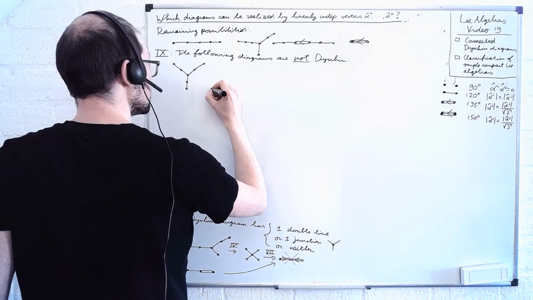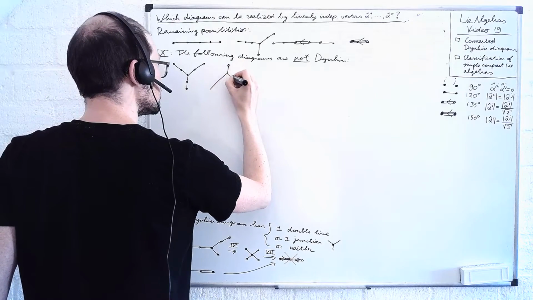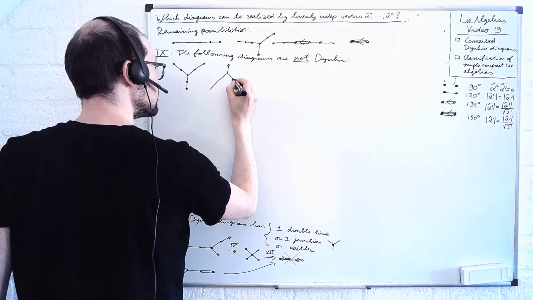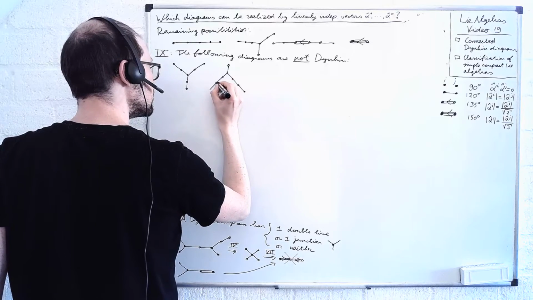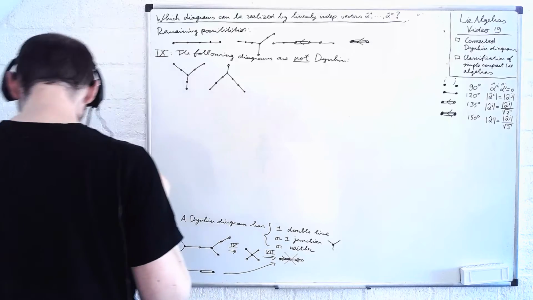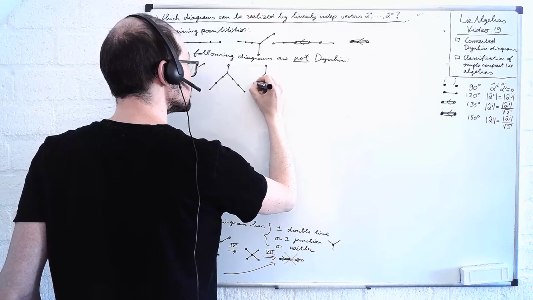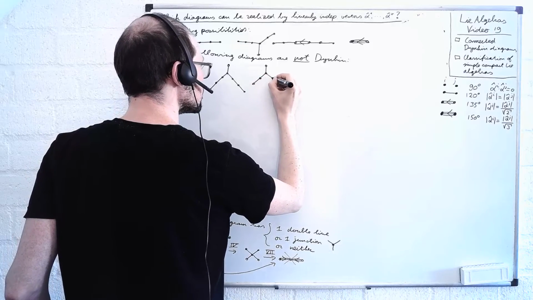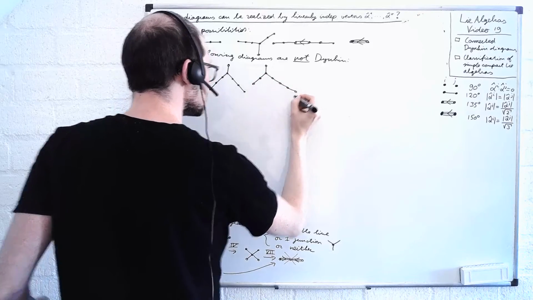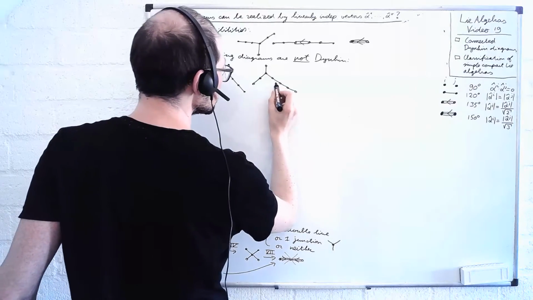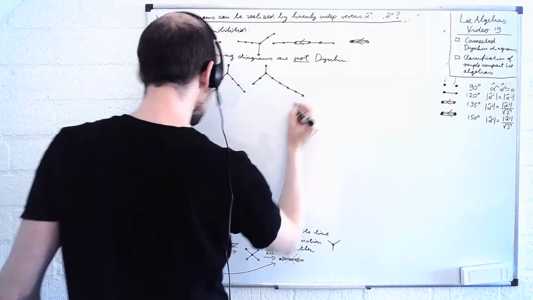I cannot have this, so now there are how many? 5 of them. 1, 2, 3, 4, 5.